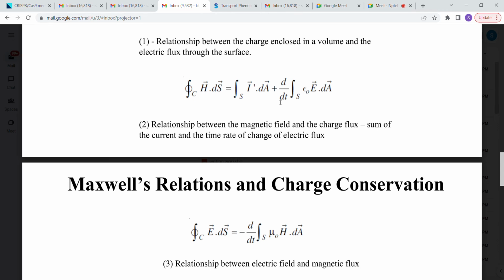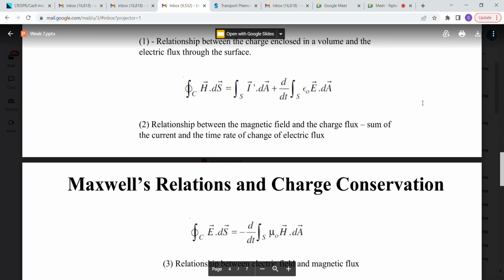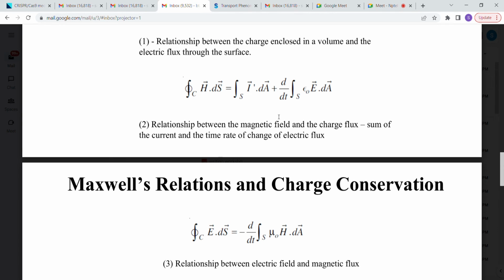If you take a small surface element, with the ds vector element and the dA vector element in that surface element, this is the relationship between the magnetic field and the charge flux. It is the sum of the current and the time rate of change of electric flux, which is also called the displacement current.